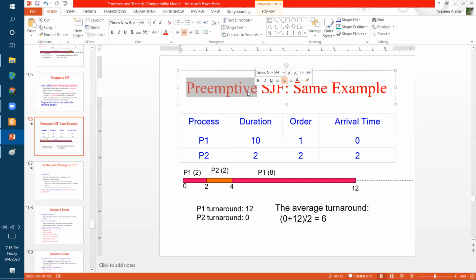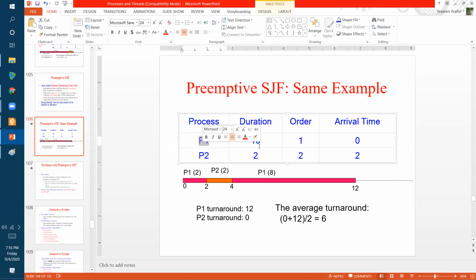Then the scheduler will give the CPU to the process that has the shortest remaining time to finish its job. Now P1 needs 10 seconds.